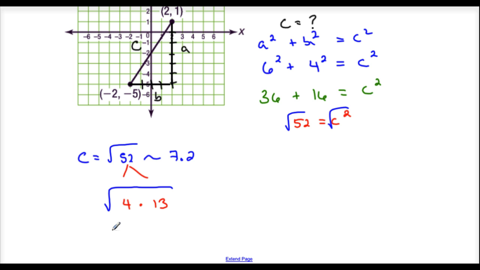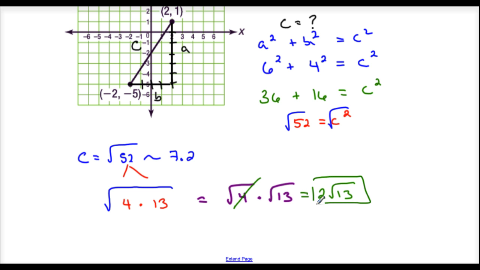So this is the same as the square root of 4 times the square root of 13. What is the square root of 4? 2. Can I take the square root of 13? No. So my answer will be 2 root 13 as an exact answer. This will be your estimate. This will be your exact. Depending on what the problem is asking for, make sure you give the exact or the estimate.